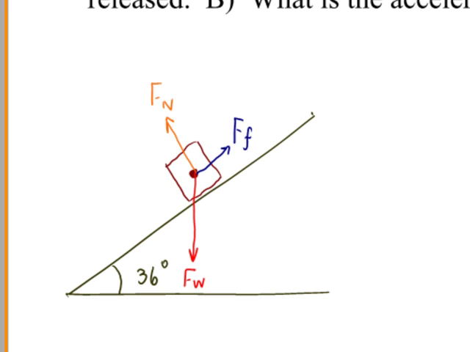The next step is to sketch in this parallel perpendicular coordinate system and to break the weight force into components parallel and perpendicular to the incline. So there's my coordinate system, and I've got to figure out which is my 36-degree angle. So I'll play my game again.